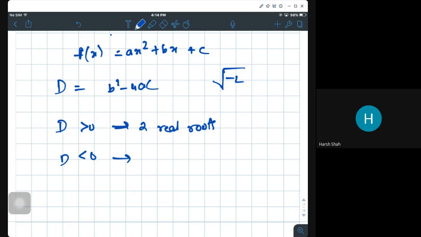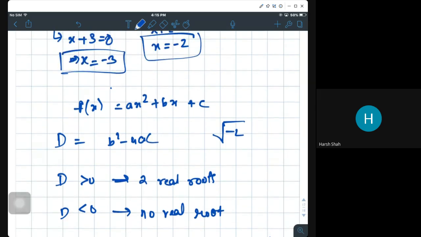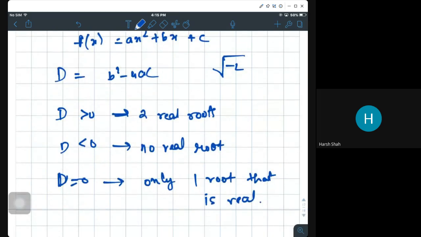If you get d less than 0, you have no real root, and if your d is equal to 0, you have only one root that is real, right? This is the condition for roots to exist. This is a very important quantity.